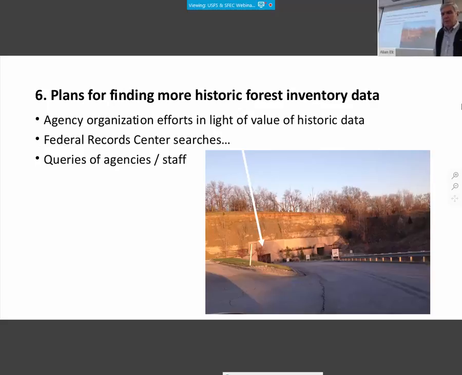We do have some plans we're working on for finding more of this historic forest inventory data. And if you're pondering research, I went to the Federal Record Center in Kansas City, where you just basically drive into a big hill, and underground is about a half square mile of 30, 40 offices, federal and private and scientific and whatever.